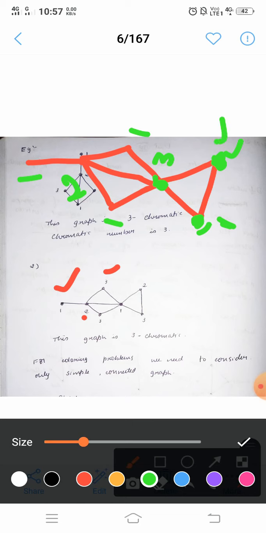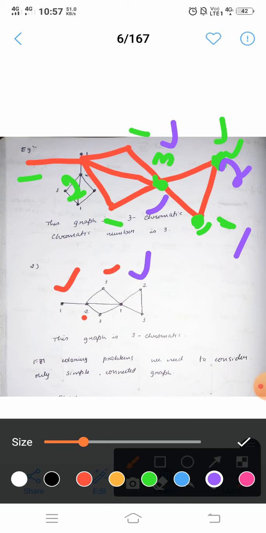And this last vertex is adjacent to the vertex which is colored with 1 and colored with 3. The only remaining color is 2 or other. I'm taking 2 because we need a minimum number of colors to find the chromatic number. I'll paint 2. So the minimum number of colors required to paint this graph is 3.